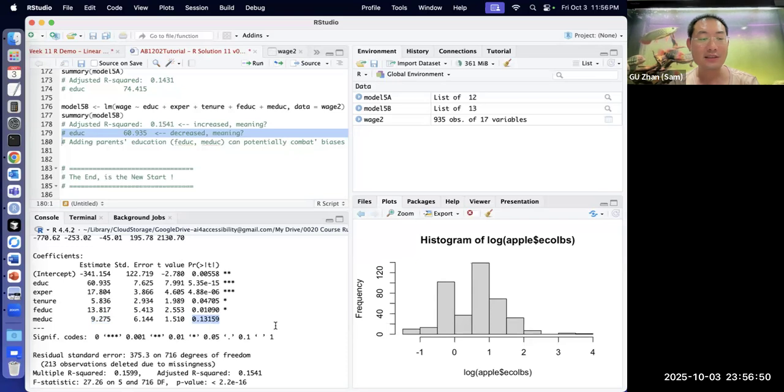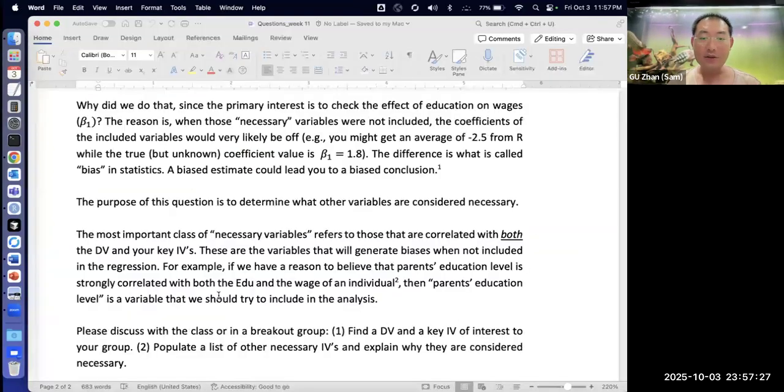It doesn't seem to be very significant in influencing the child's wage. Even if it is significant, the beta coefficient is small, smaller than the father's education. So the father's education seems to be more important for the average person's hourly wage.